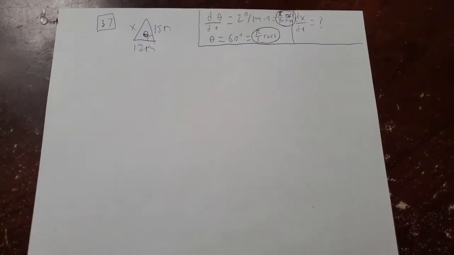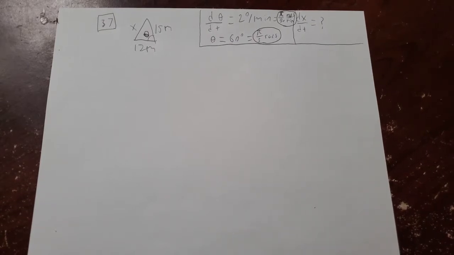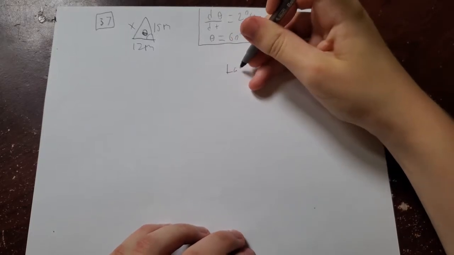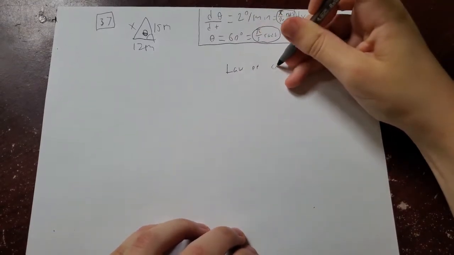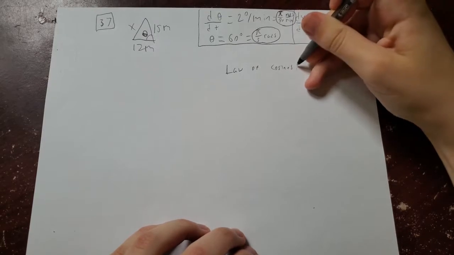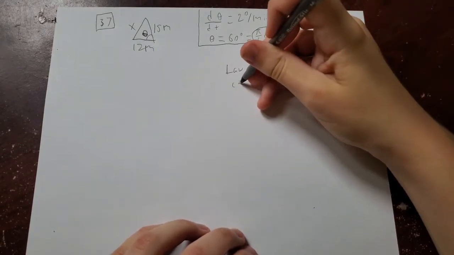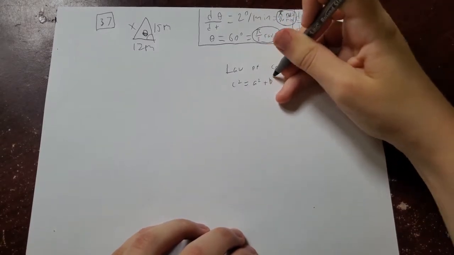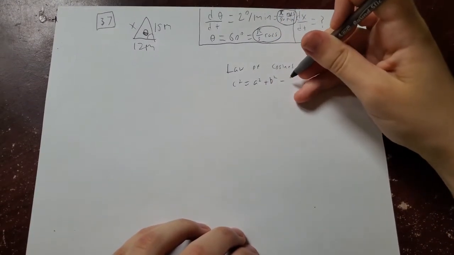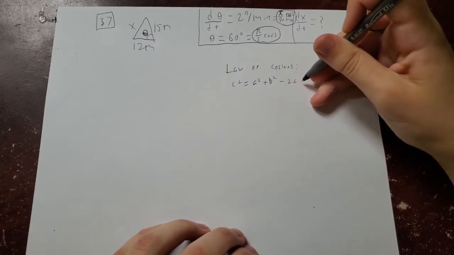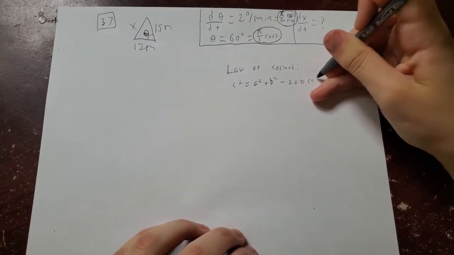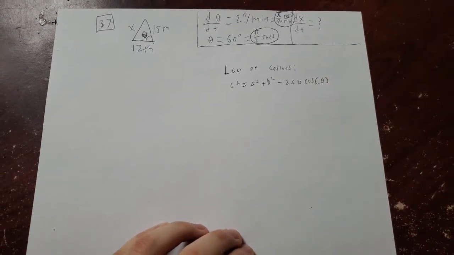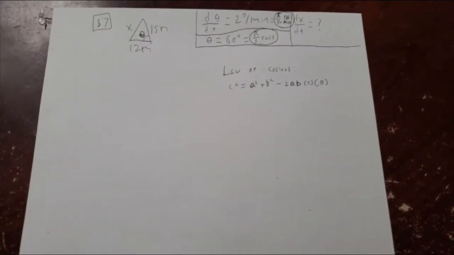So in order to establish a relationship, we can use the law of cosines. Law of cosines looks like this: c squared equals a squared plus b squared minus 2ab cosine theta. Now we'll start plugging in some variables.